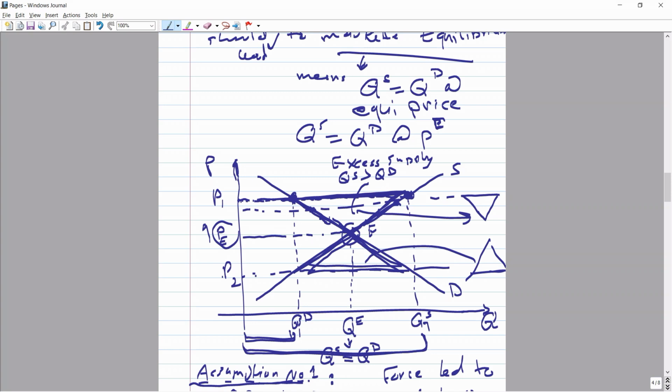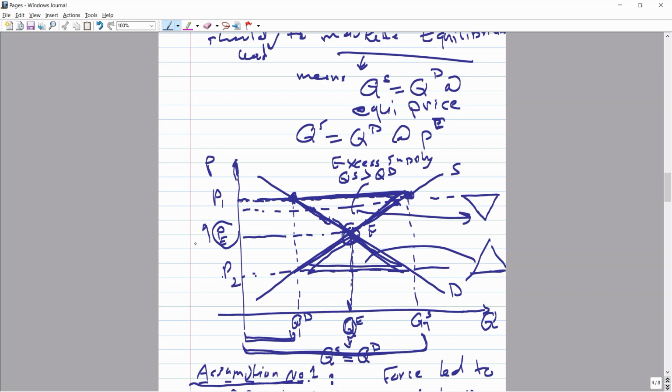So when they intersect, the market will be at equilibrium, or the demand and supply for this product will be at equilibrium. So in this case, quantity demanded and supplied are equal because they are at equilibrium, and the equilibrium price is this PE.